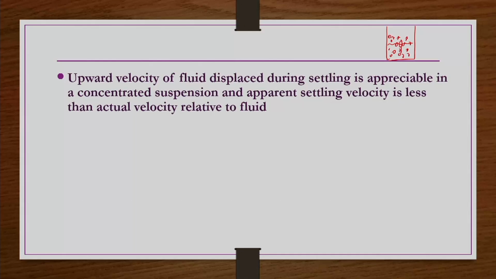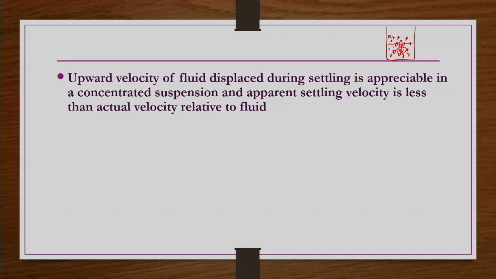Let us say a bigger particle is settling here. Whatever fluid was present underneath that particle must be moving up because of displacement. The bigger particle displaces the fluid underneath and settles one level down, so that fluid should be moving up.